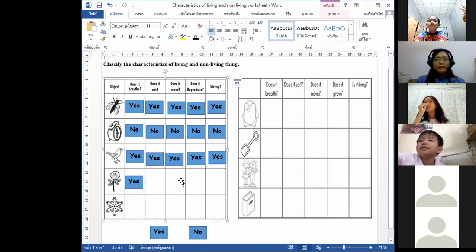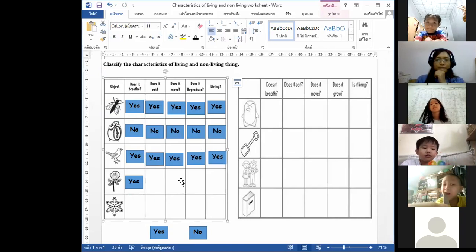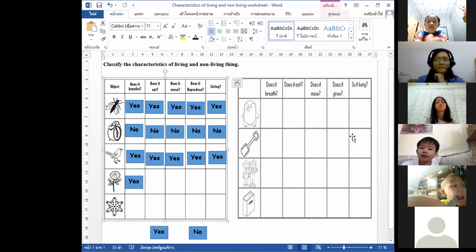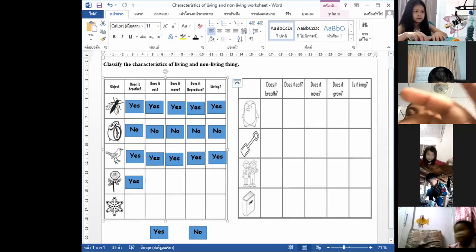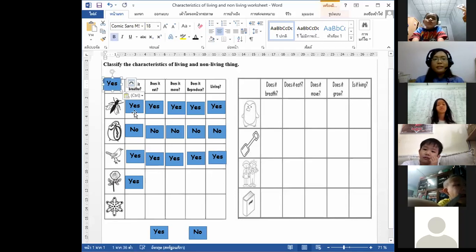What do you think? It drinks water, but I don't think it eats water. I think it counts. Since a flower is a living thing, of course, they have small particles that they eat. So it's a yes.